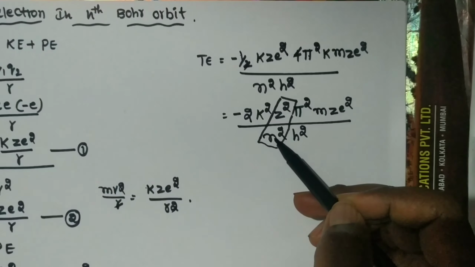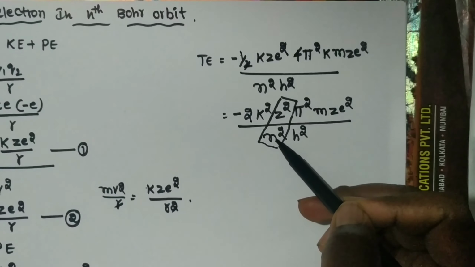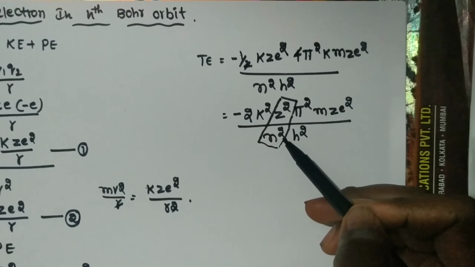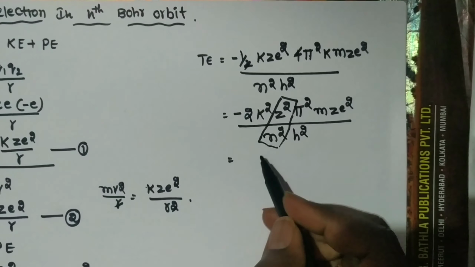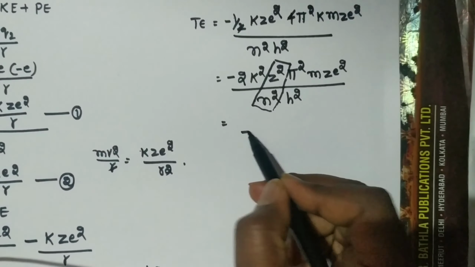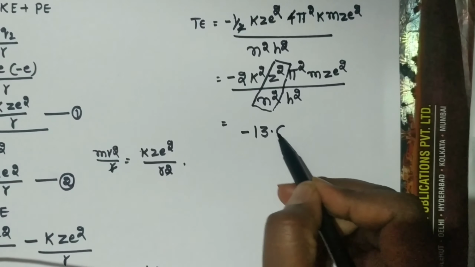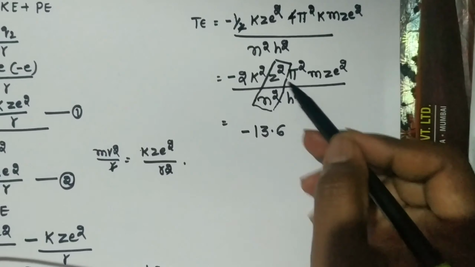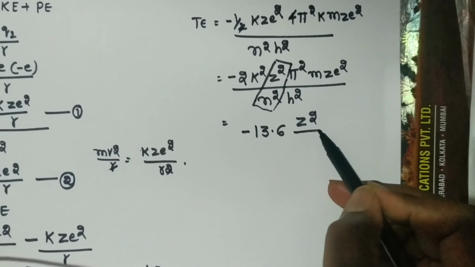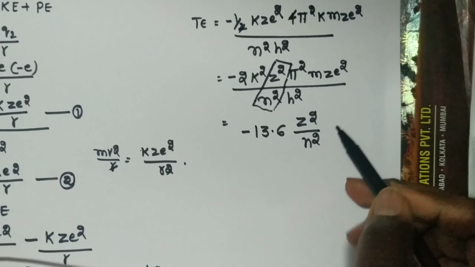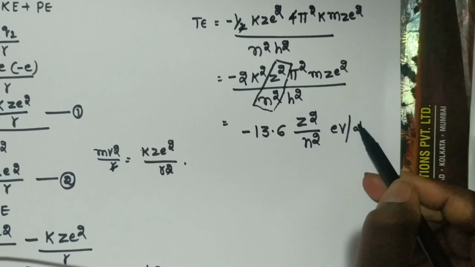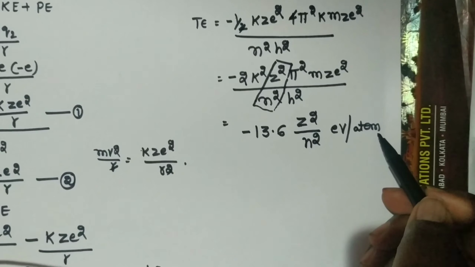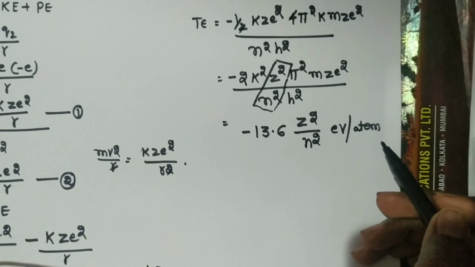Z is the atomic number, n is the orbit number. Remaining all are constants. If we substitute the values, we will get minus 13.6 Z square upon n square electron volt per atom. So this is the total energy of electron.